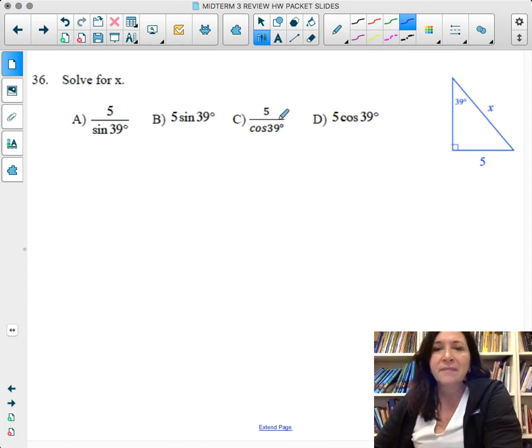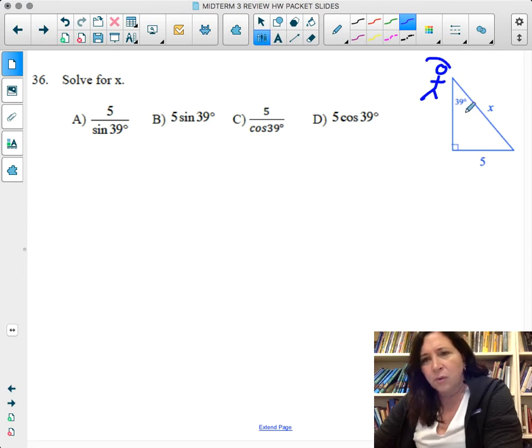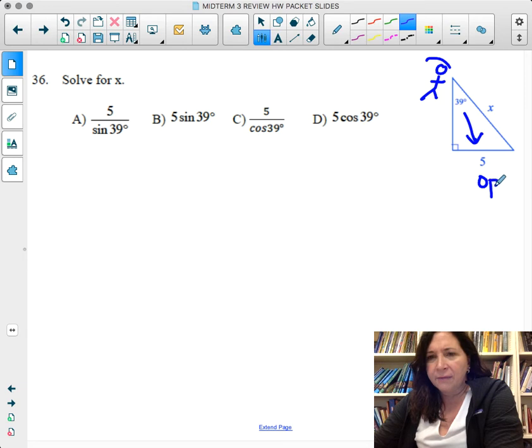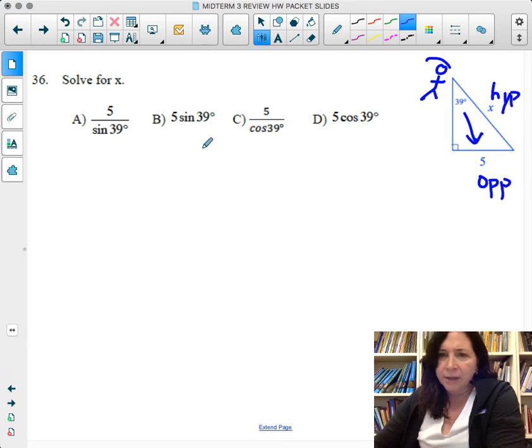Solve for x. You're trying to solve for x, and assuming that because all of my answers are at 39 degrees, I'm going to be right here. Okay, so what I have is the opposite side, and I have the hypotenuse. So that is going to be sine. So sine of 39 is equal to opposite over hypotenuse.